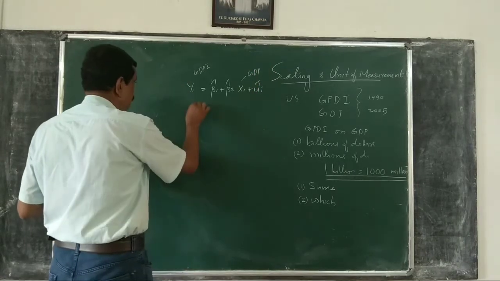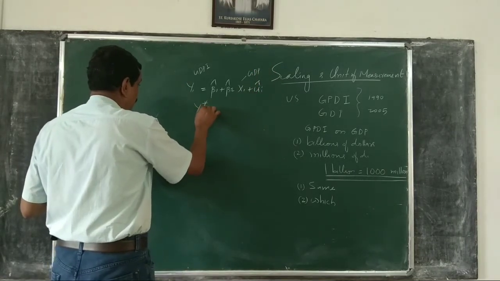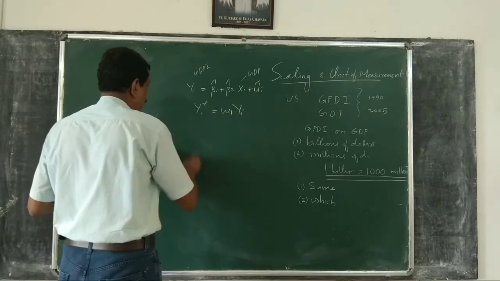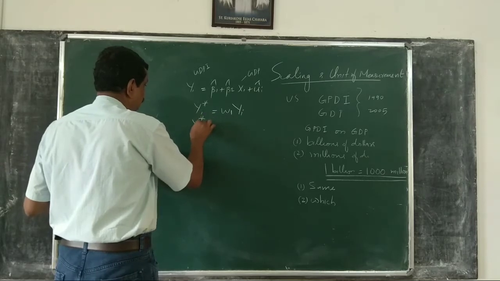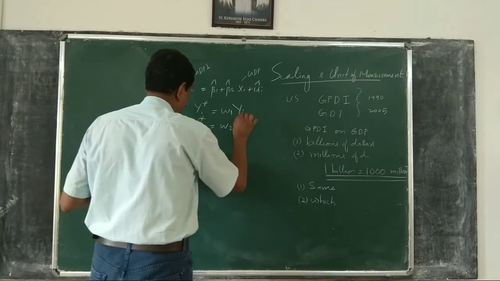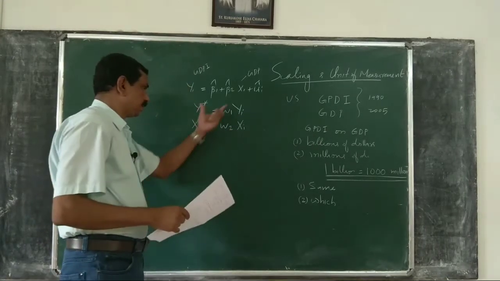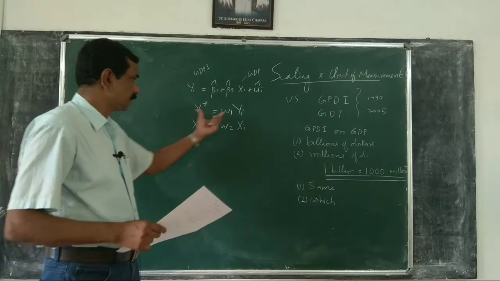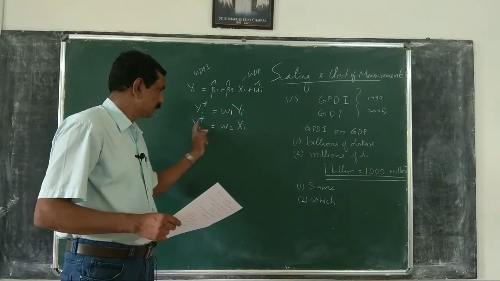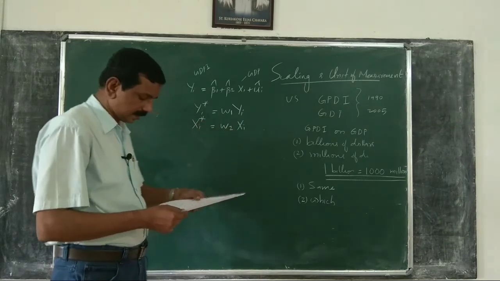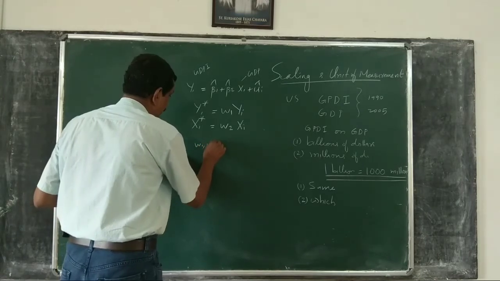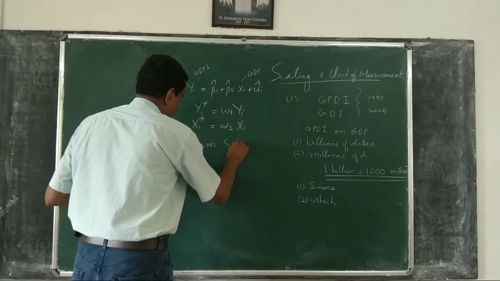Now define y star i as equal to W1 into yi and x star i as equal to W2 into xi. We define two variables, y star i and x star i, as W1 into yi and W2 into xi, where W1 and W2 are known as scale factors.